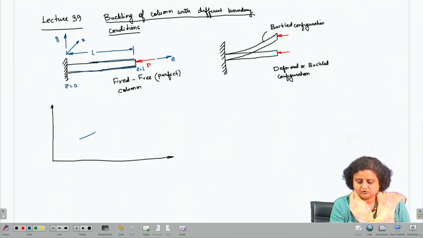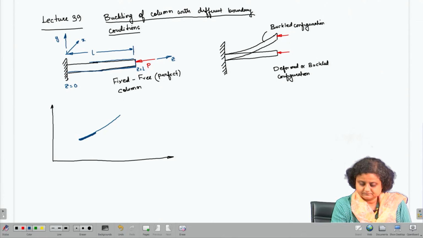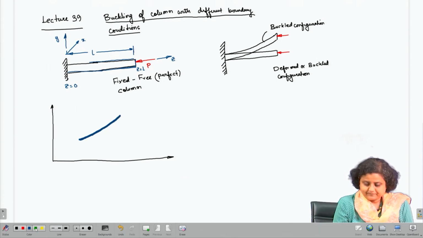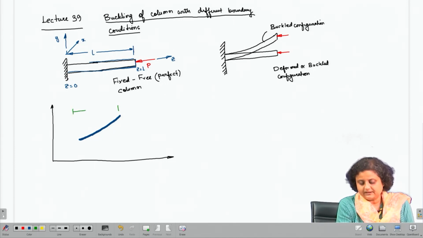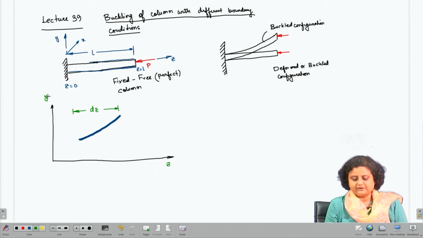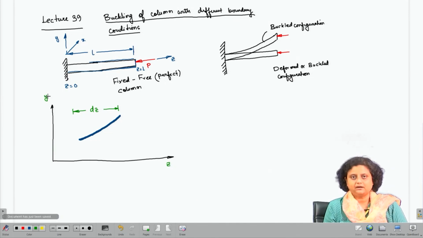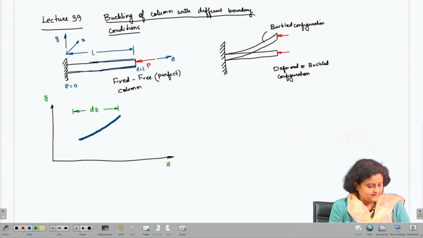So, let me take a small portion of the column, and let this length be elemental, that is dz. This is the z axis and this is the y axis. Now, if this is an elemental portion of the buckled column dz, then let us see what forces are acting on the column.